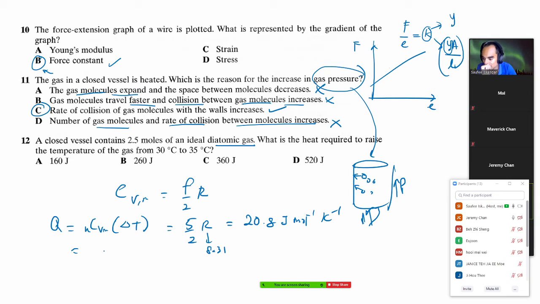You have the number of moles as 2.5, CVM is 20.8, and times 5 because the difference of temperature is 5. Then you have 260 joules. So answer is B.